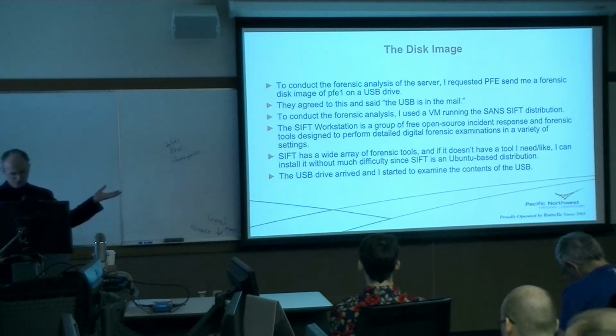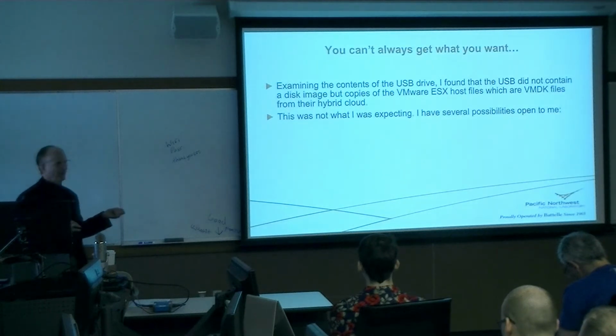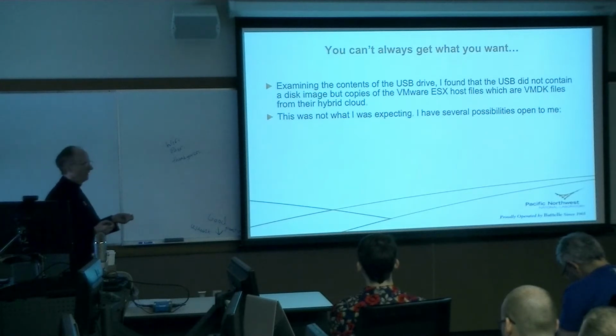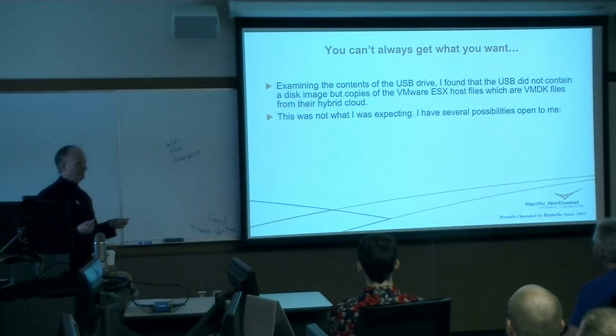Okay, the USB shows up, I get it, and I start looking to see what's there. Well, I look at the USB drive, and it's not what I think it is. It's not a disk image at all. Instead, it's a bunch of VMDKs from their private cloud. Uh-oh.